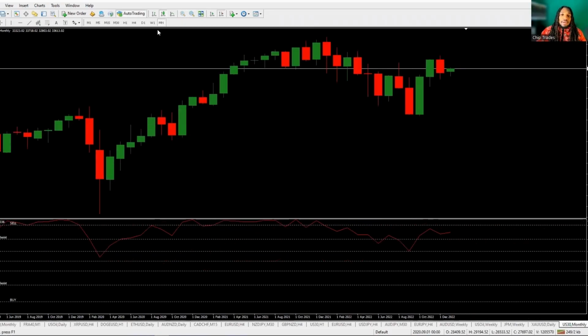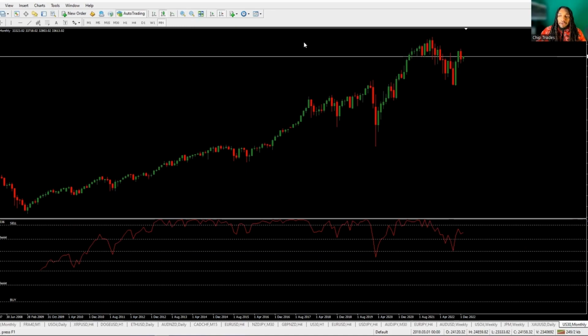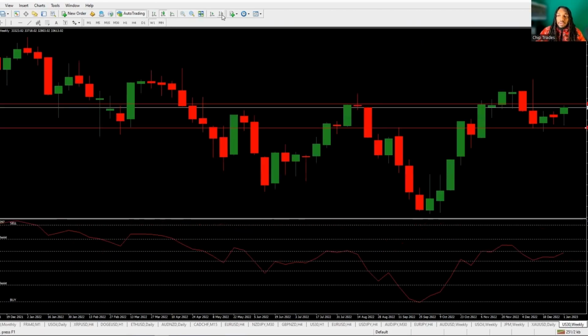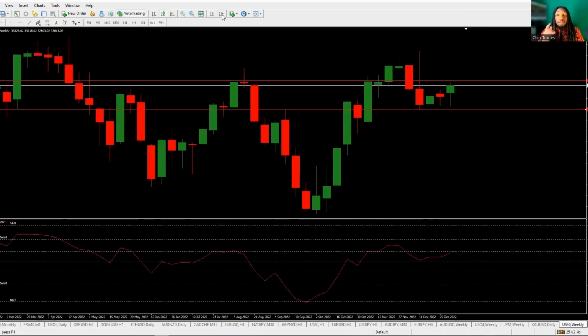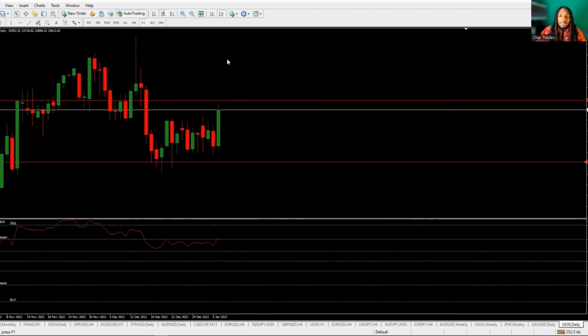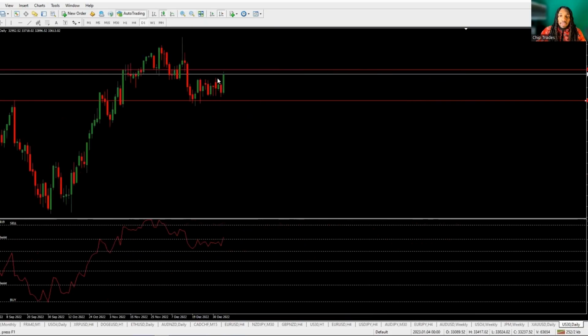All right, so let's go over to US30. US30, we got a very bullish movement here. So what I'm going to do, I'll place this here. Right, we got a very bullish movement for NFP that came out. So what we want to do is be very cautious about how we go about this.